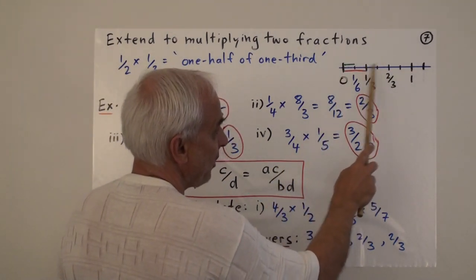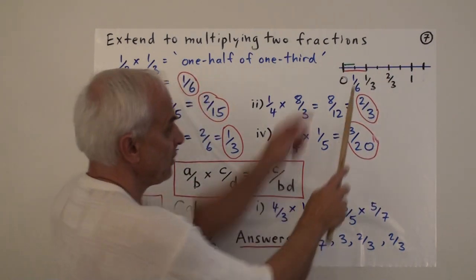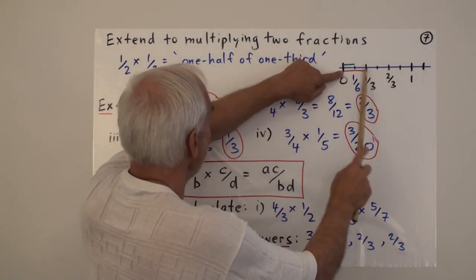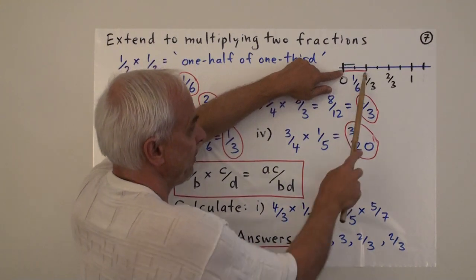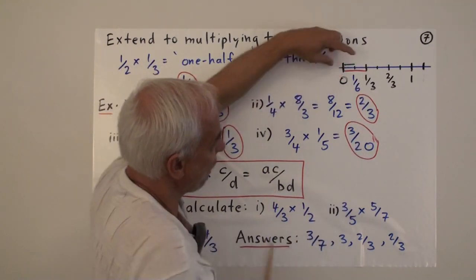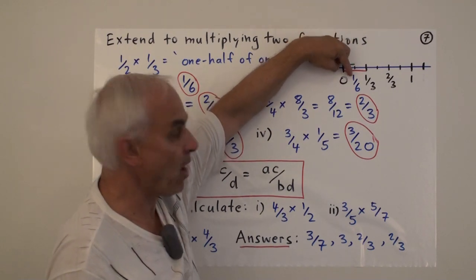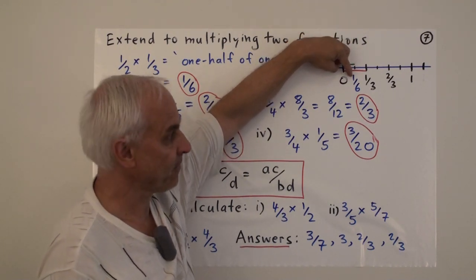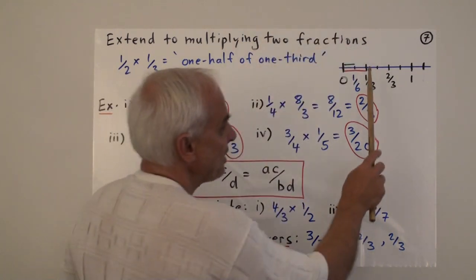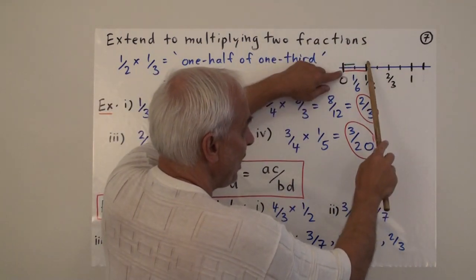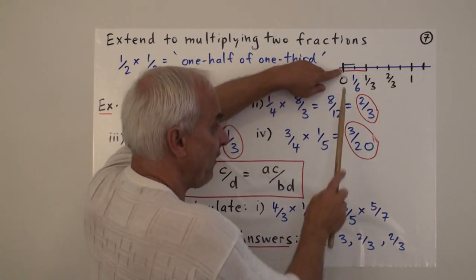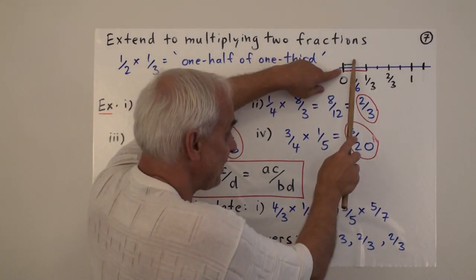I've shown you 1/3 here and 2/3 here. So there's 1/3. What's 1/2 of 1/3? Well, if you take 1/2 of 1/3, you're getting that interval, half the size, which is 1/6. So if we divide the interval into 3, we get these 3 equal pieces. If we divide the interval into 6, we get 6 equal pieces.